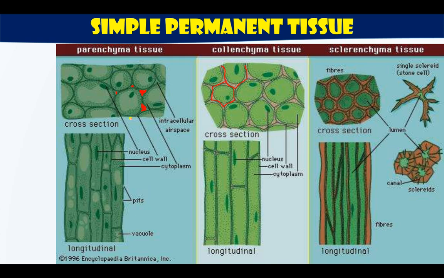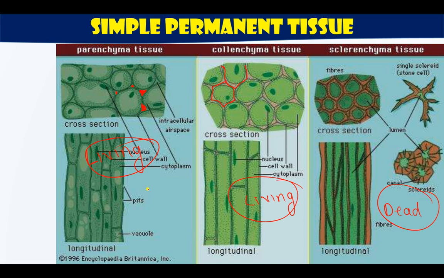Right. So the first and foremost thing that we would like to remember is that the cells of the parenchyma tissues are living. The cells of collenchyma tissue are also living, while the cells of sclerenchymatous tissues are dead. Right? They are living, and they are dead.